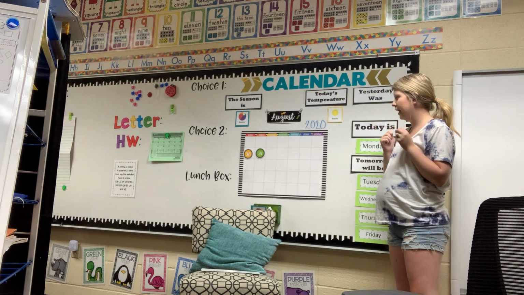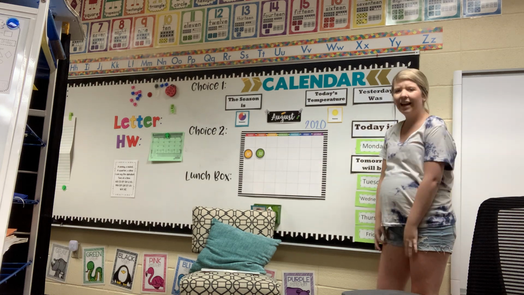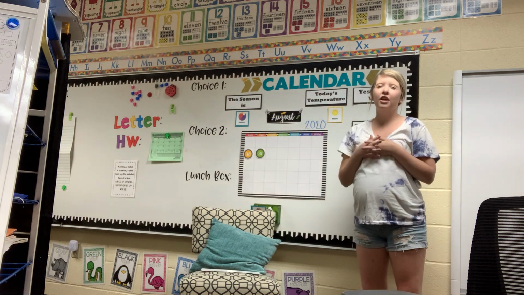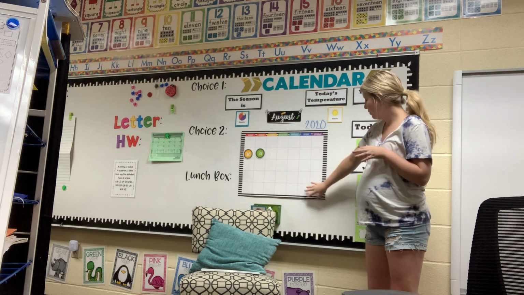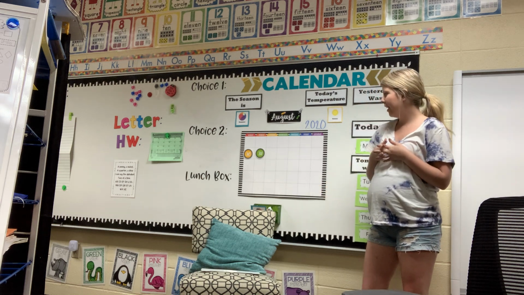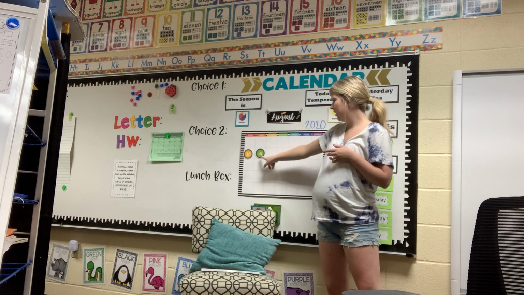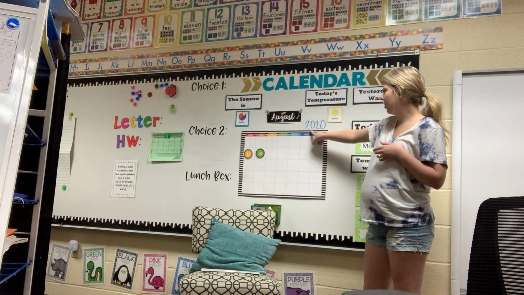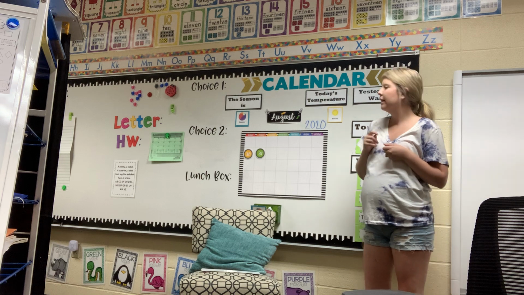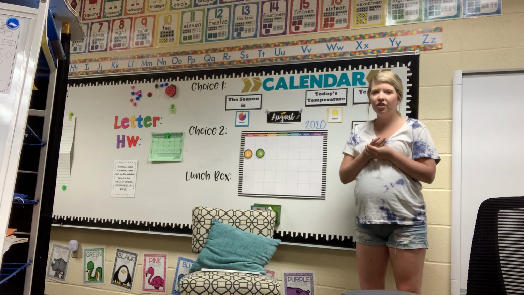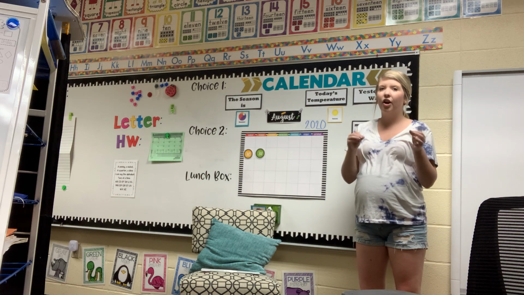Let's count how many days we've had in August. Last time we were counting, we said that there were 28 days. And then we had some weekend days. So now today is Monday, August 31st, 2020. So when I say 31st, that means it's the number 31.